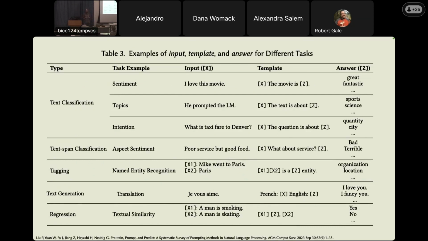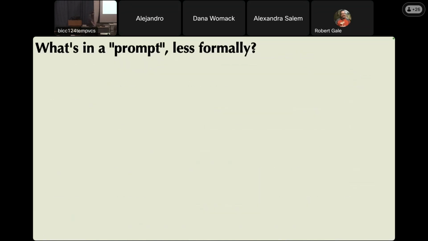And if you really want to constrain it to, say, one star through zero stars, you could have the output space be constrained as well in some way. You can see a number of ways to set up different kinds of classification problems as prompts. Obviously, any one of these we could do a different way. And that's part of the ridiculous thing about prompting: there's no single right way to do it. You essentially have an infinite number of possibilities, which is kind of maddening.